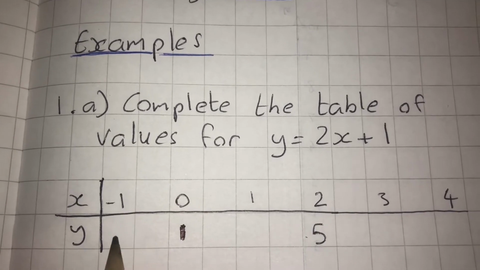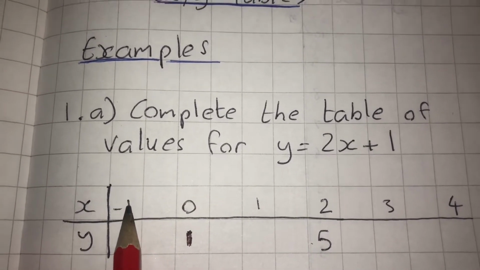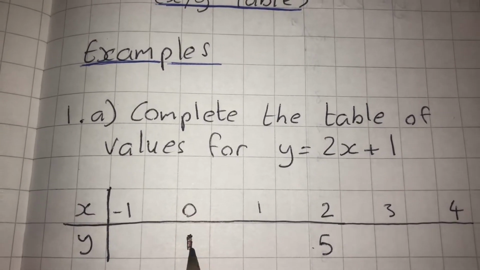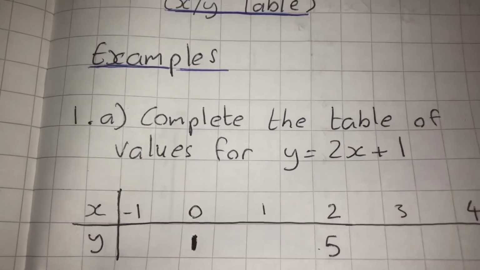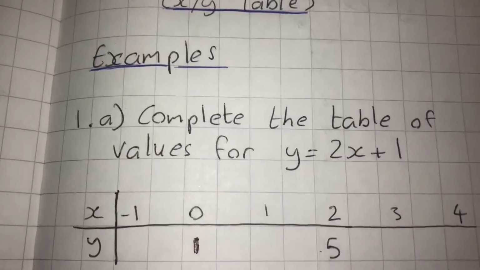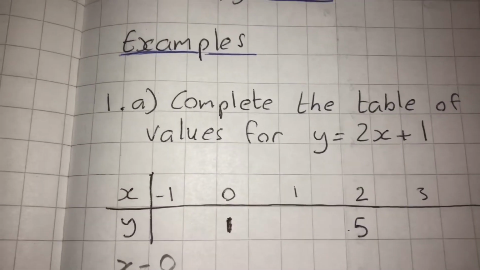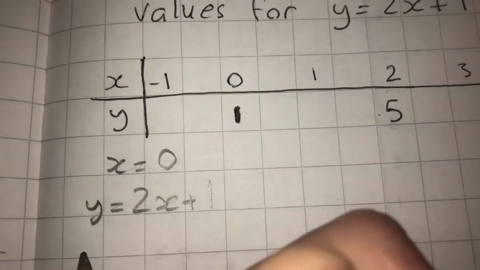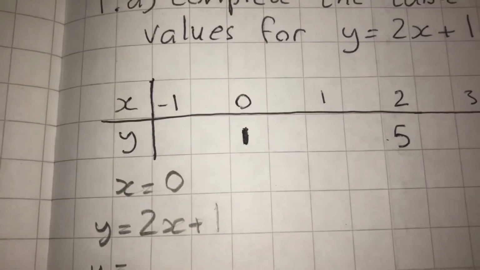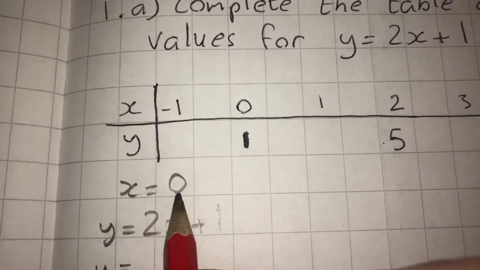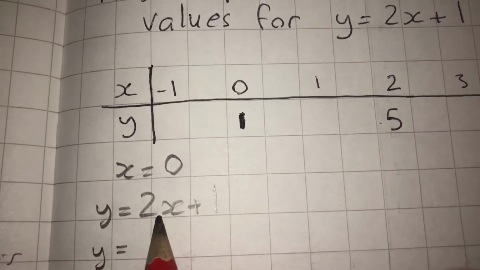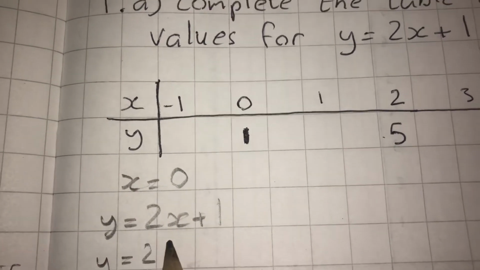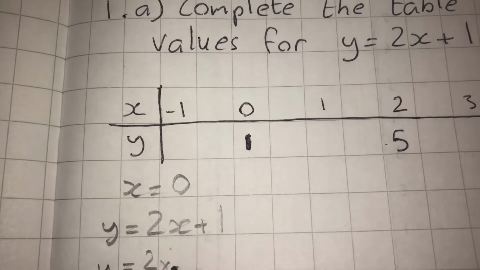So we have to work out what y is when x is -1. We know what y is when x is 0: when x is 0, y is 1. And just to prove that, if I take x equals 0 and substitute it into the equation y equals 2x plus 1, when you're substituting, we replace x with 0, so 2 times x plus 1 now becomes 2 times 0 plus 1, okay?